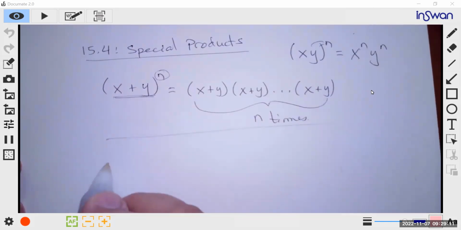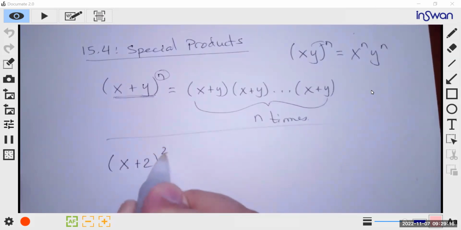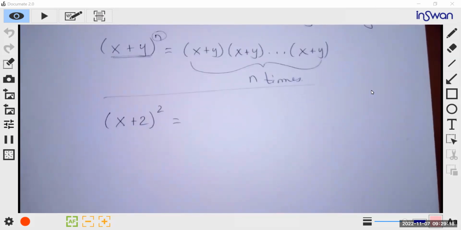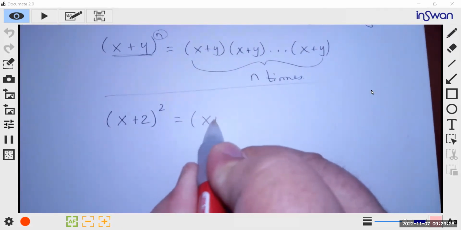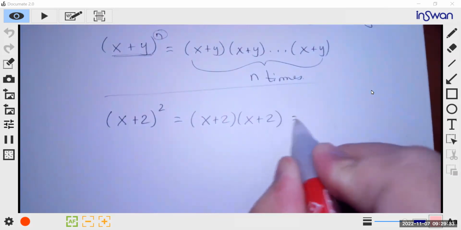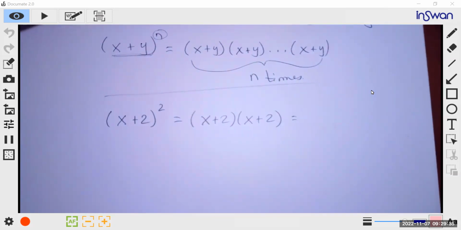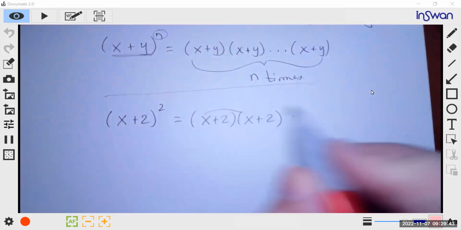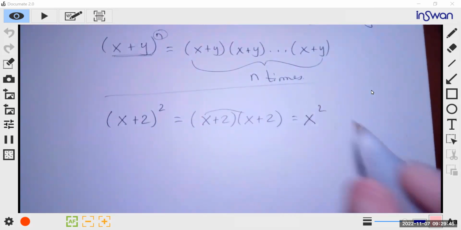So the first one, let's look at x plus 2 squared. What this one tells us is x plus 2 times x plus 2. The first term is going to be x squared.